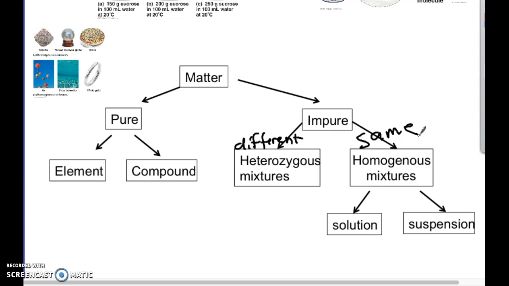Now, we break that down into two things. There can either be solutions or there can be suspensions. A solution would be something where all the components are mixed in the same phase. For example, salt water. You have salt mixed with water, but now it all looks the same and it's all in the liquid phase.